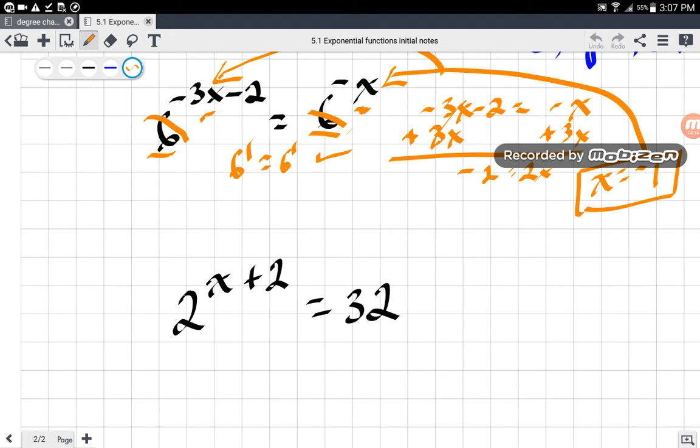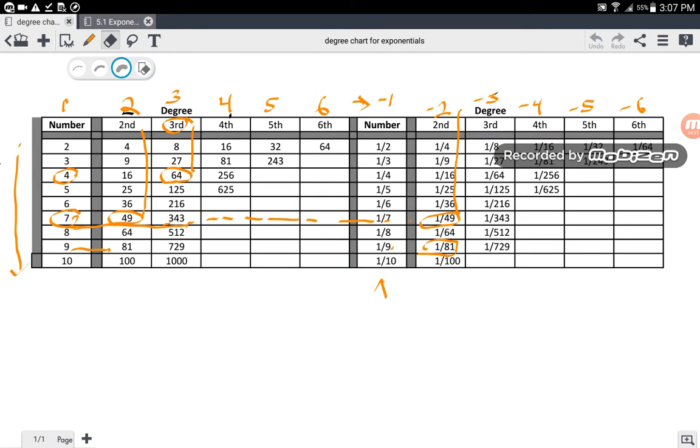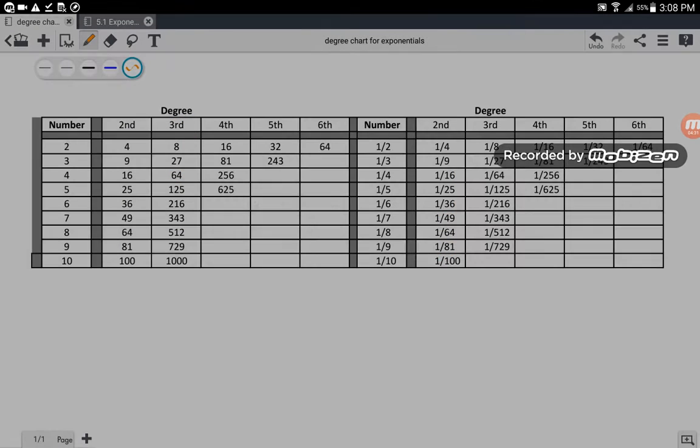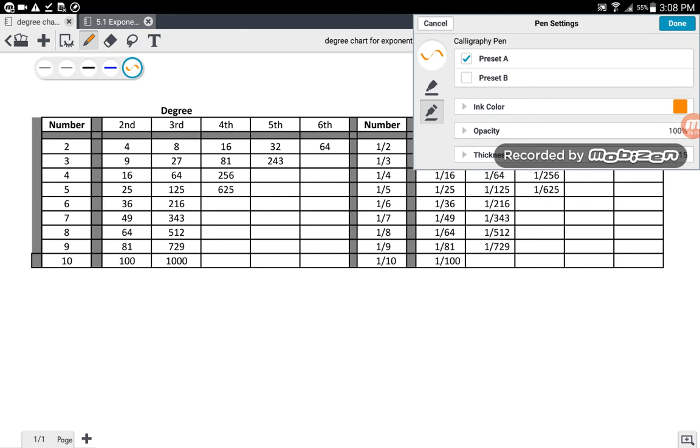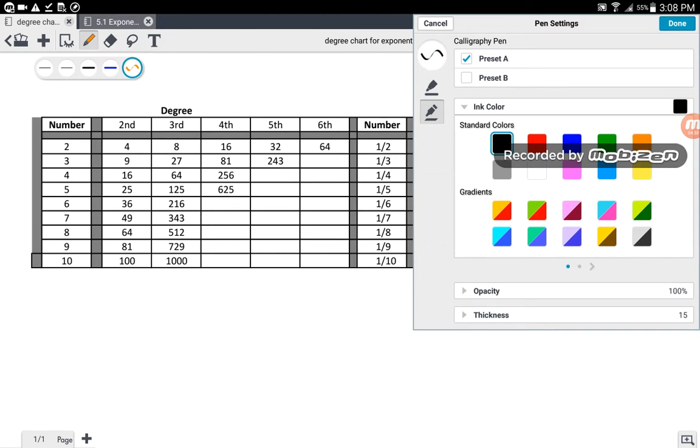So I'm given this equation, 2 raised to the x plus 2 power equals 32. Now, if I can write these with the same base, I can cancel out the base and solve the exponent. So I'm going to go back, and I'm going to look in this whole sheet. And I'm going to look for where 2 and 32 show up in the same row.